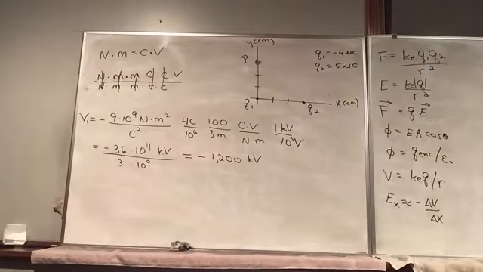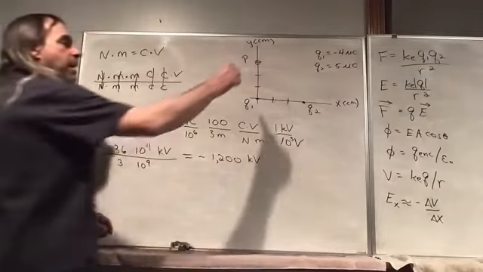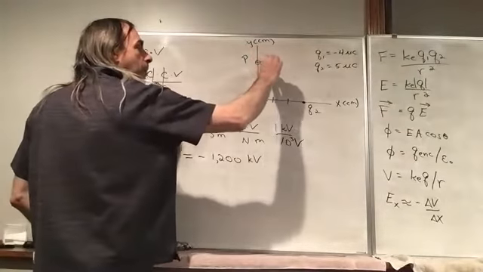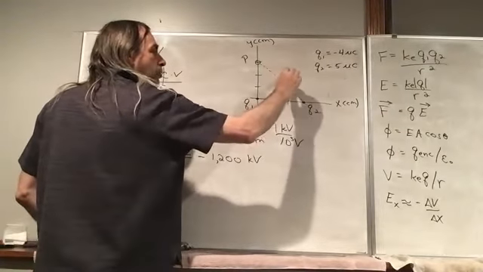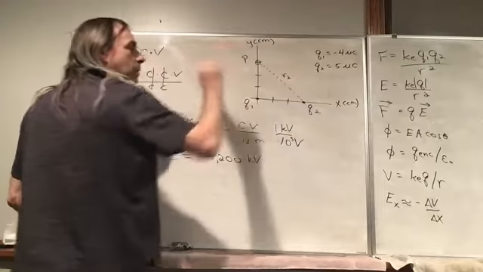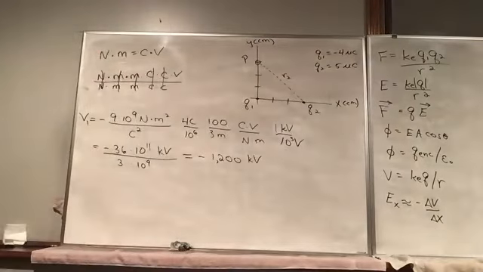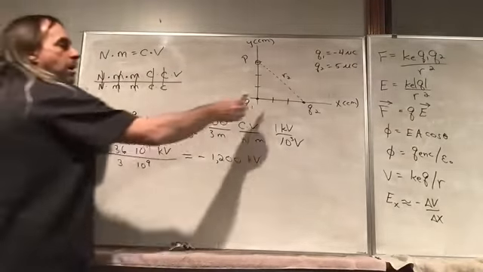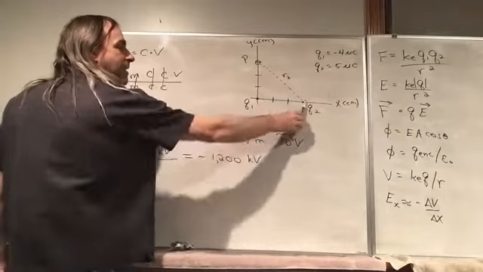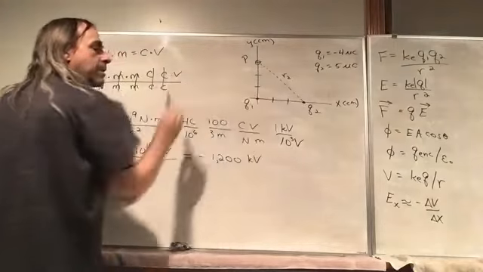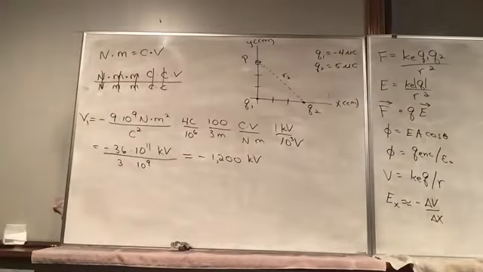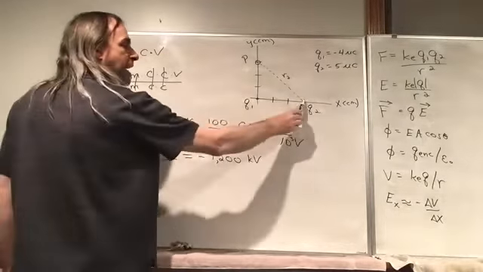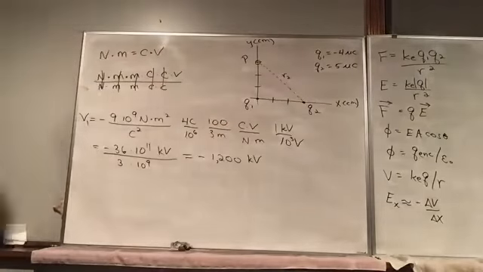Now V2 is going to be very similar, but we have to find R2. So we did this before. R2 squared, we have that distance squared plus that distance squared. In the x direction, we go 3 centimeters. Direction doesn't matter.